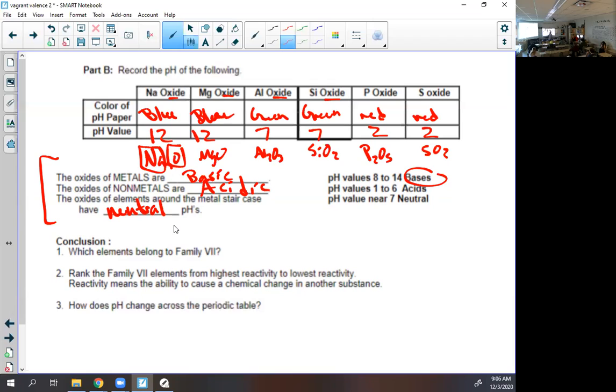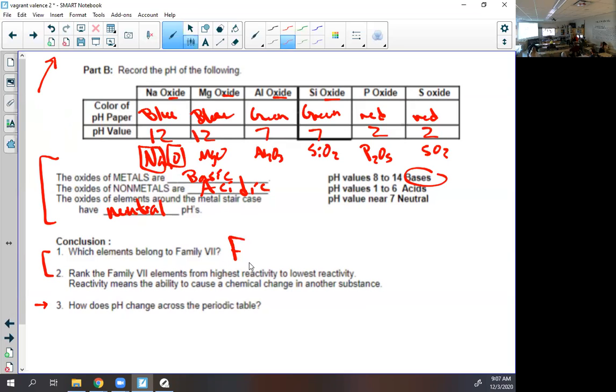All right. This corresponds to a little section of homework we'll do in a minute, but let's look at questions 1, 2, and 3 real quick. These two apply to the lab we did yesterday. This one applies to the stuff filled in right here. So up above in part A on yours, which elements belong to family 7?